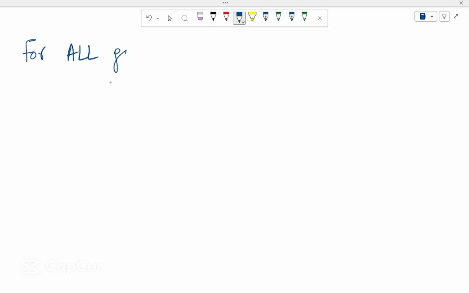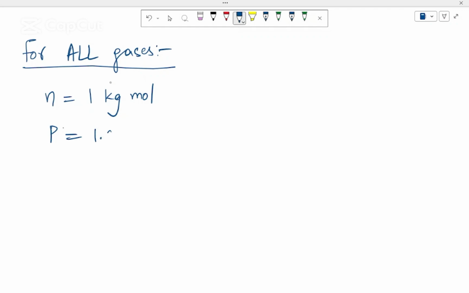What I can say is, let me say I'm taking the N value as 1 kg mole, and I'm taking the pressure to be 1 atmosphere, that is 1.01325 bar, and the temperature to be 0 degrees centigrade, which is nothing but my 273 Kelvin.